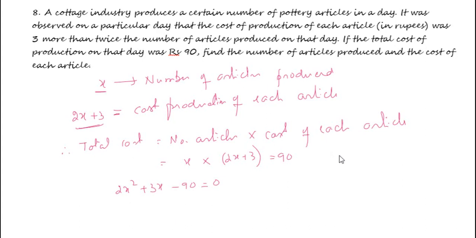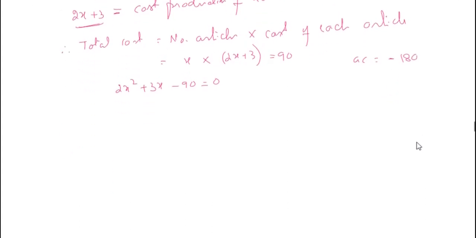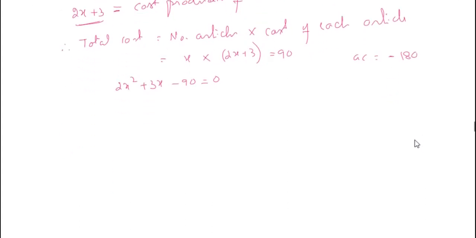Now AC here, AC equal to minus 180. The middle term is plus 3x, coefficient is plus 3, AC is minus. So the two factors here are, one of them is plus, one of them is minus, and the positive factor is larger because here this is positive. Let us find out the prime factors of this.